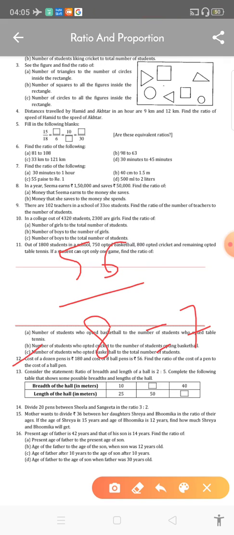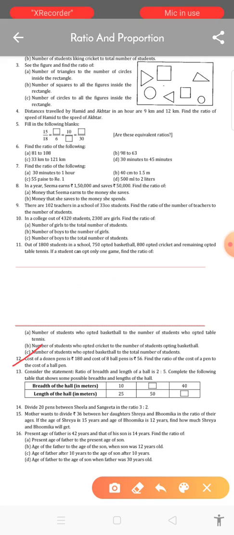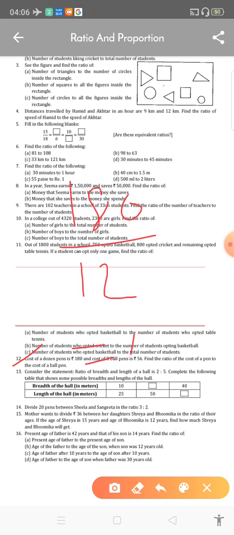So the cost of 1 ball pen is 7 rupees. And here the cost of 12 pens is 180 rupees. If you divide 180 by 12, then we obtain 15 rupees.